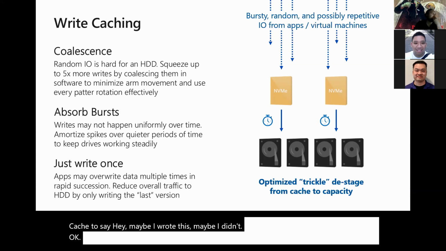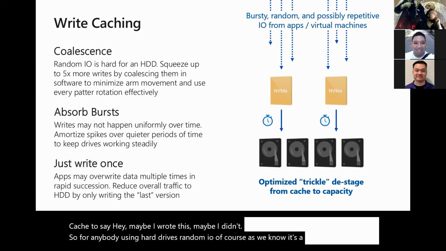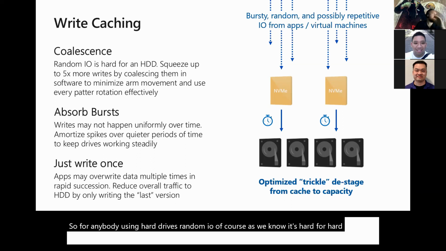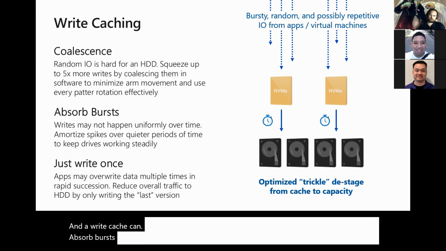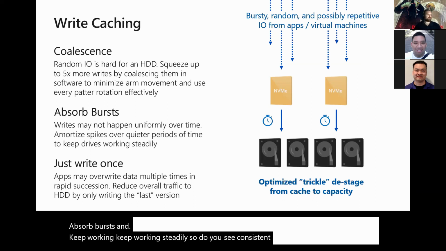So for anybody using hard drives, random IO, of course, as we know, is hard for hard drives, and a write cache can absorb bursts and keep working steadily, so that you see consistent performance even if your load is variable.